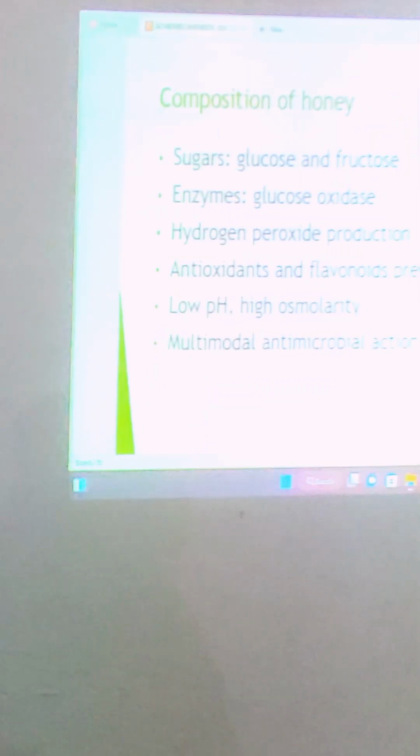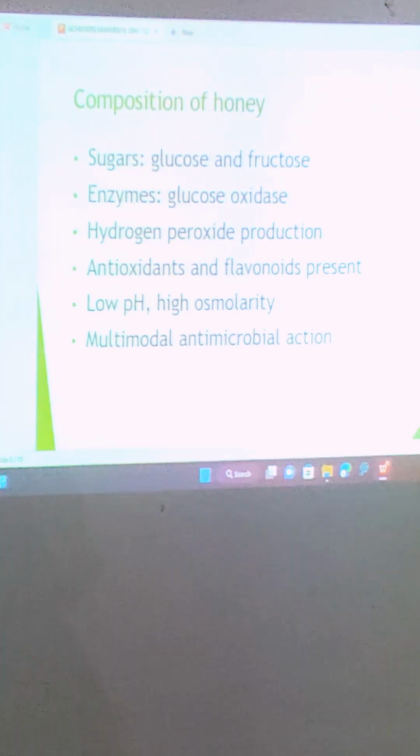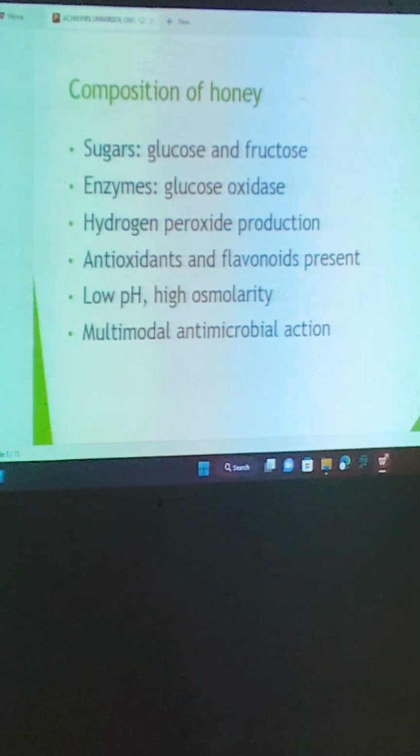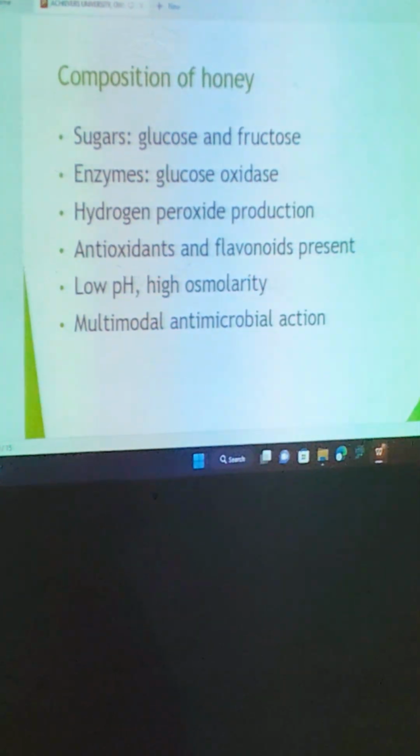Honey contains hydrogen peroxide, which is an agent that is used in killing bacteria and microorganisms. Honey has antioxidants and flavonoids in it.